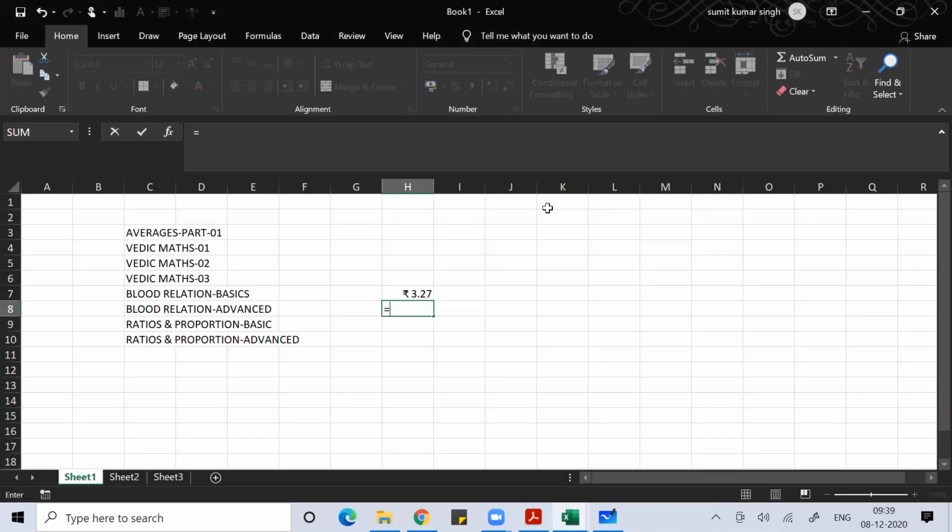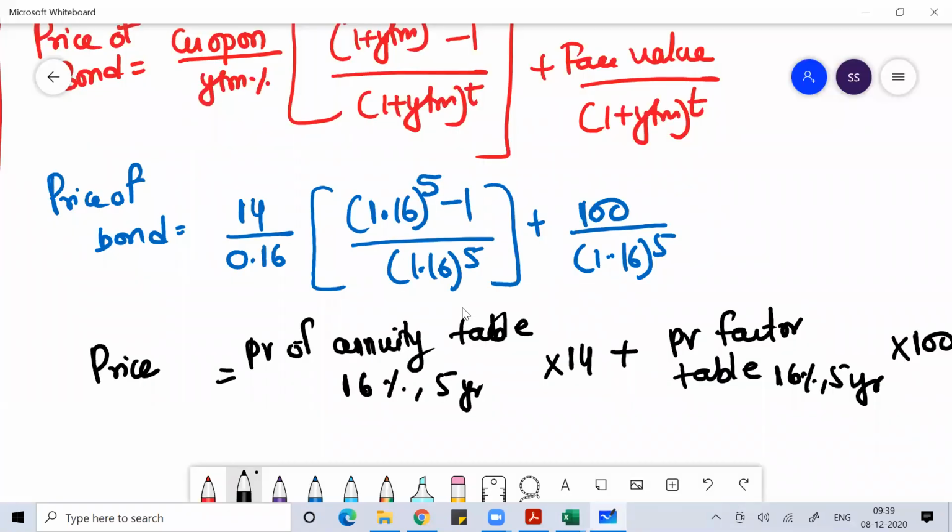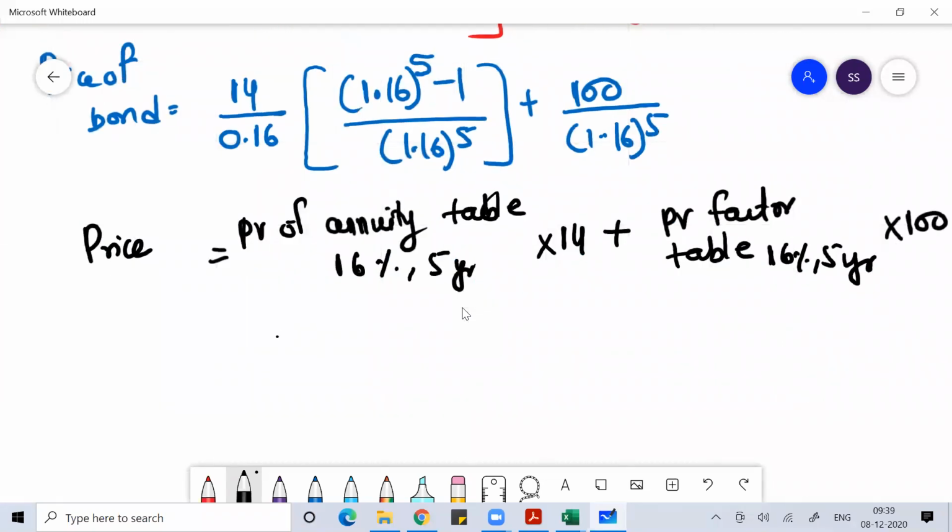Or if I use 1.16 to the power 5 minus 1, divided by 1.16 to the power 5, divided by 0.16, you get 3.2742.